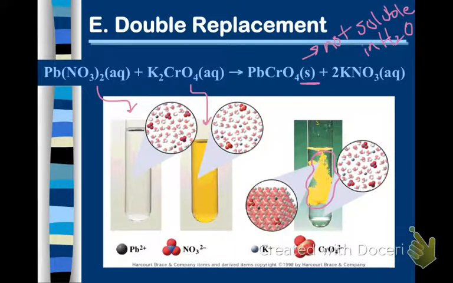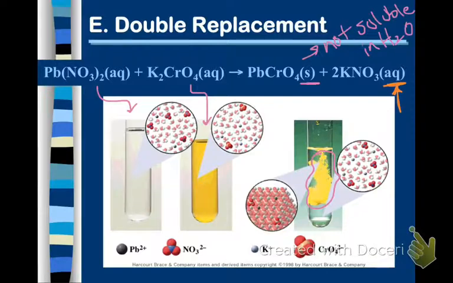So go look at Table 1 in the packet, your general solubility guidelines. It gives you 6 guidelines. There are many more. These are just 6 common ones. Let's look at the potassium nitrate first, because the potassium nitrate that was formed is in aqueous solution, meaning dissolved or soluble in water.